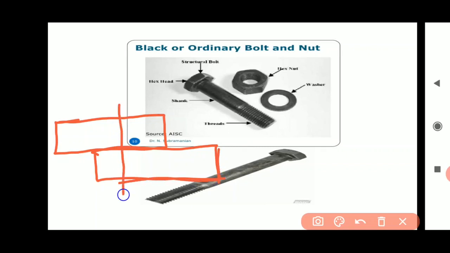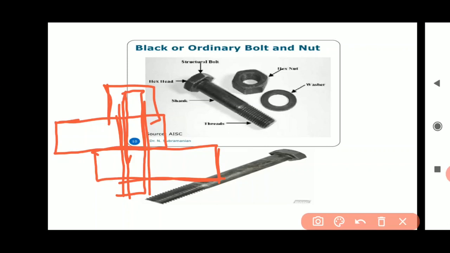So we make a hole and insert the bolt in the hole. As the shank part is unfinished or rough, there is no proper contact between the bolt and the hole or the member, or between the bolt and the plate.